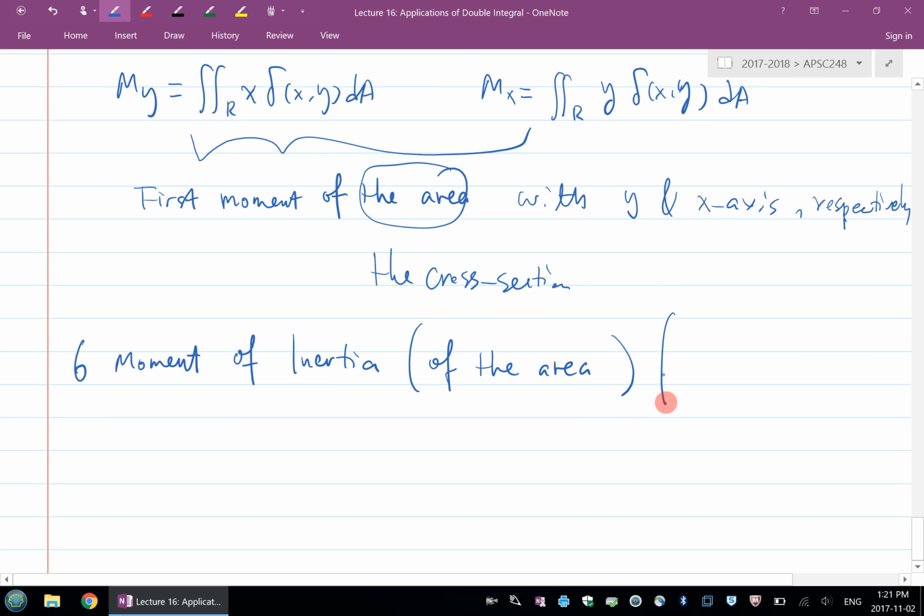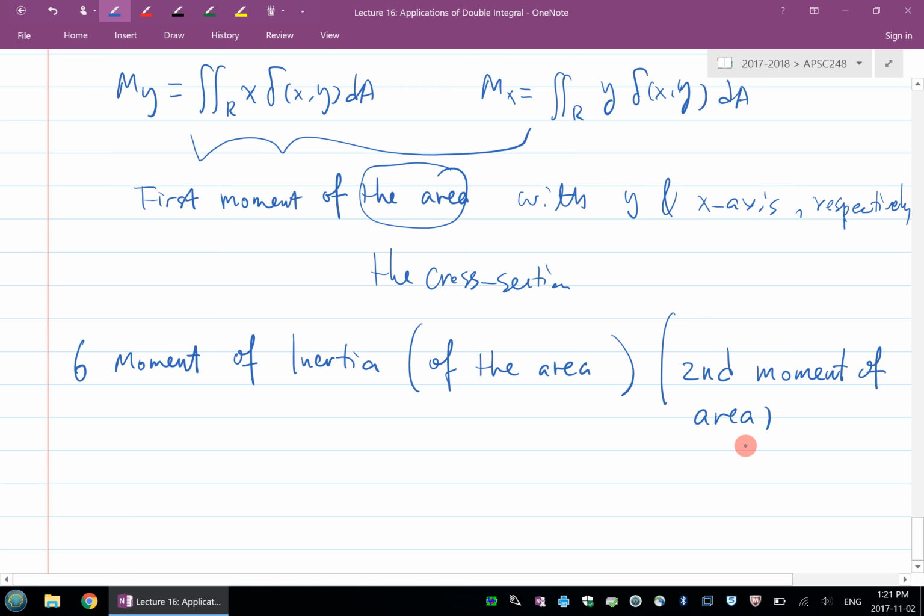Sometimes this is also called the second moment of area. The fifth is the first moment of area, and the formula we're going to derive will be the second moment of area. So that's the difference.